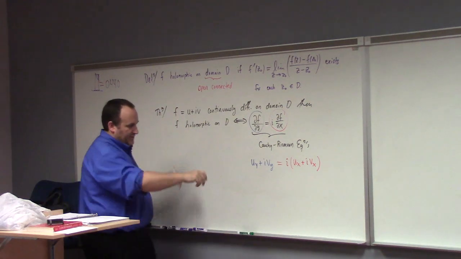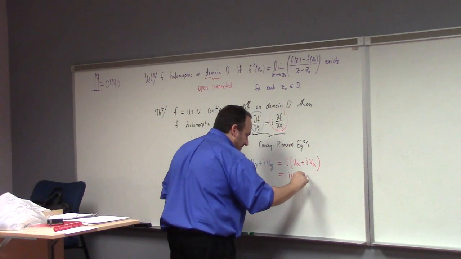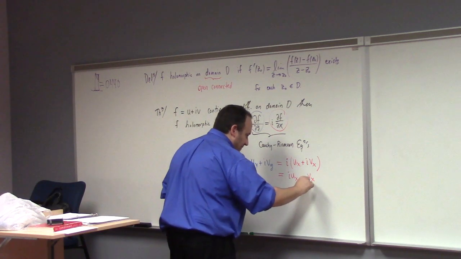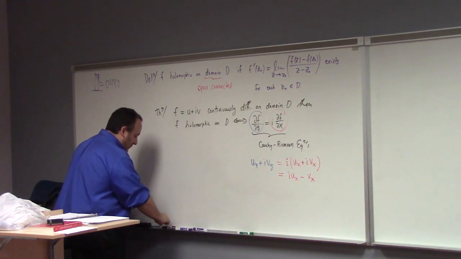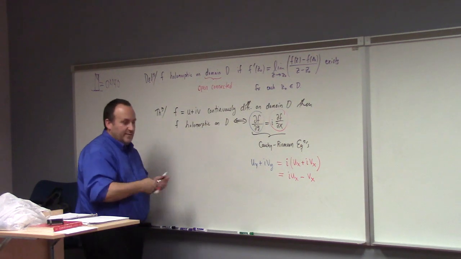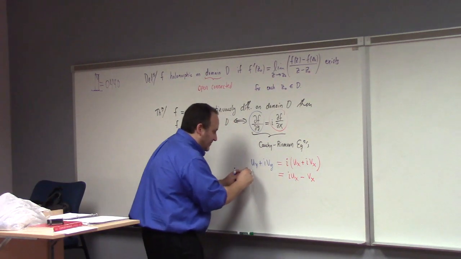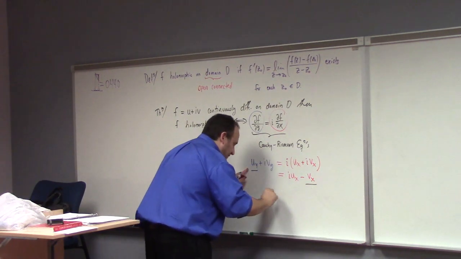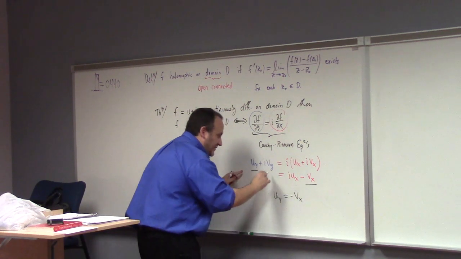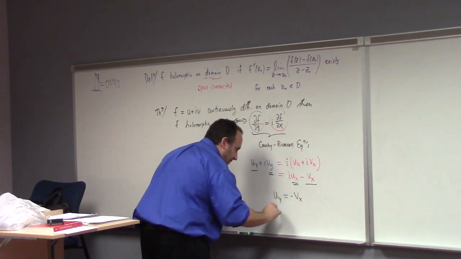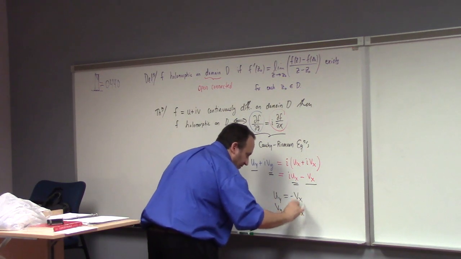And so if you multiply this out, you get yourself i u x minus v x, right? So in order for those to be equal, that tells us two scalar Cauchy-Riemann equations. Namely, the real part has to be equal to the real part. So this has to match that. So what you've got is u y equals minus v x. And we also, of course, have v y equals u x. So there you go.